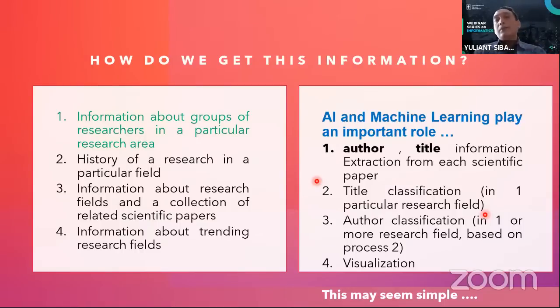The third is author classification in one or more research fields. This is called multi-class classification in text mining. The third process is based on process 2. And the last step is visualization.